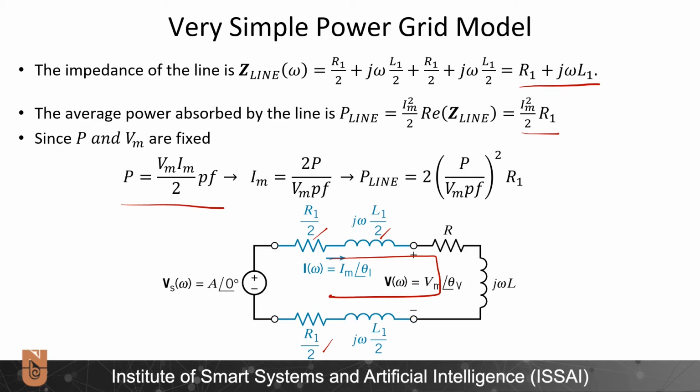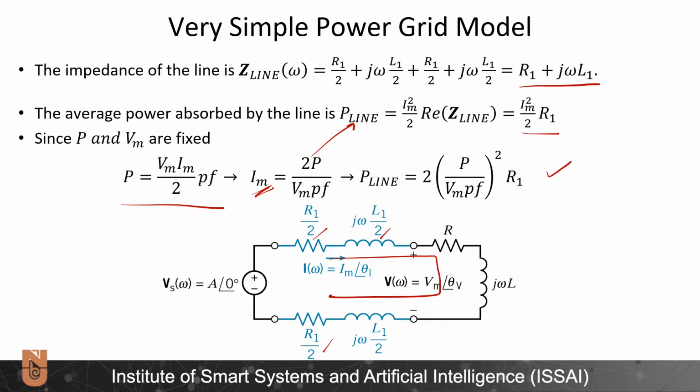From here, I can calculate Im as 2P divided by Vm times the power factor. If I insert this into the previous equation, the average power absorbed by the line is equal to 2 times (P divided by Vm times PF) squared times R1.